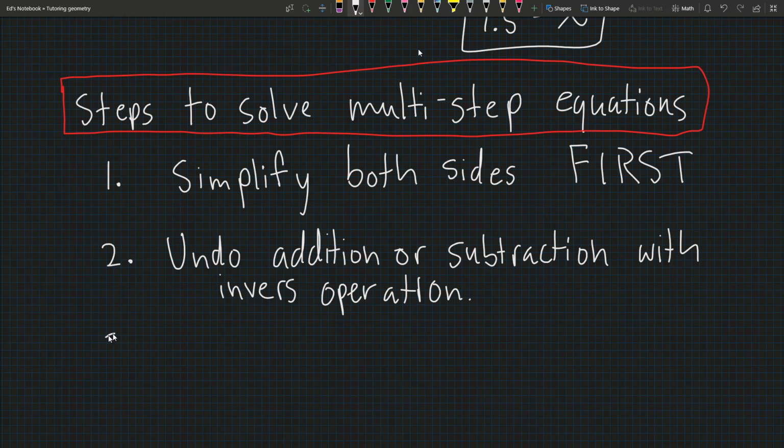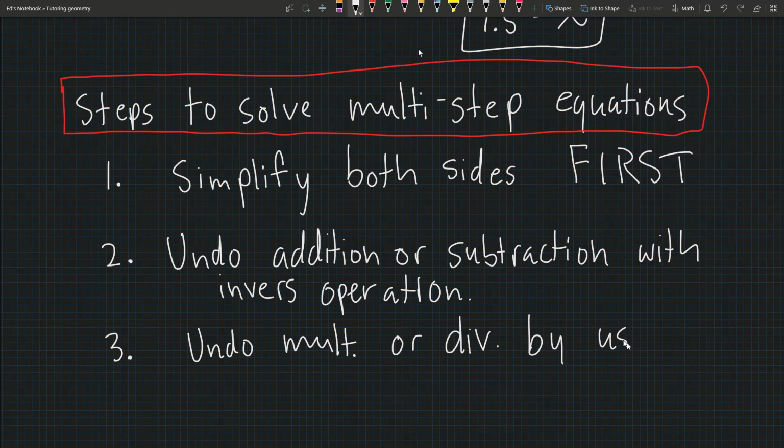The next step is going to be to undo multiplication or division. I'm abbreviating these slightly. Multiplication or division by the same thing, by using inverse operations.